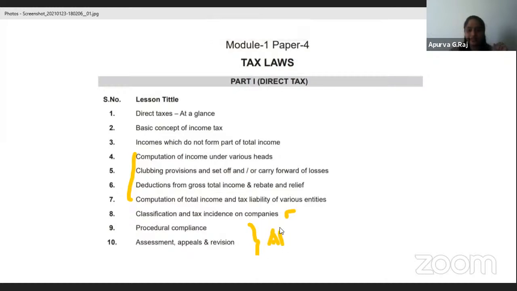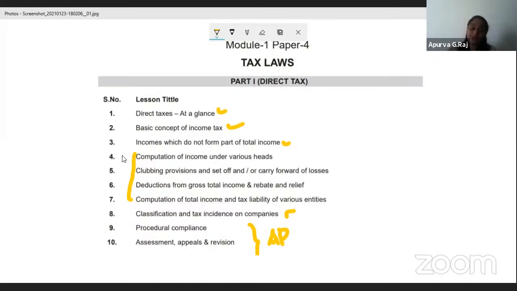Next, the first 3 chapters are very important. Why? These chapters are going to give you an overall view, or lay a base of income tax. First, you're supposed to study this. When you're thorough with this, then go for the next chapter, that's going to be 4.